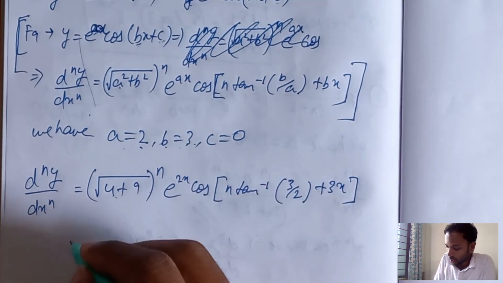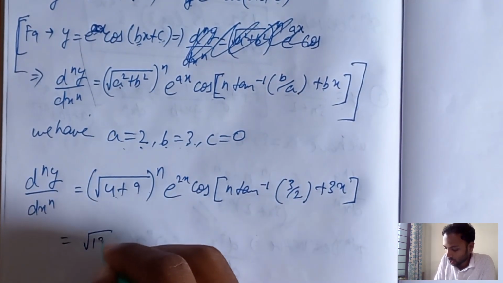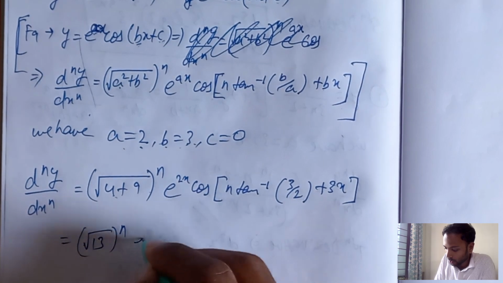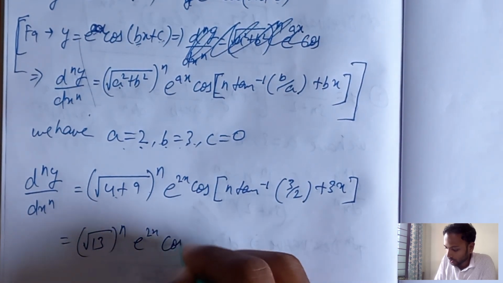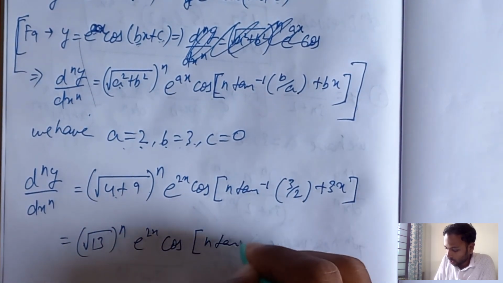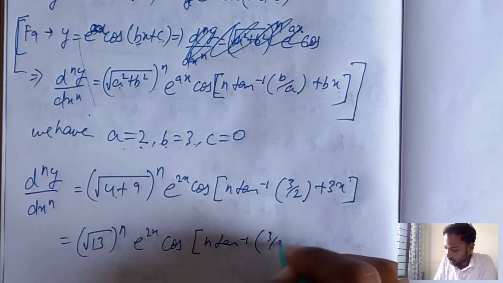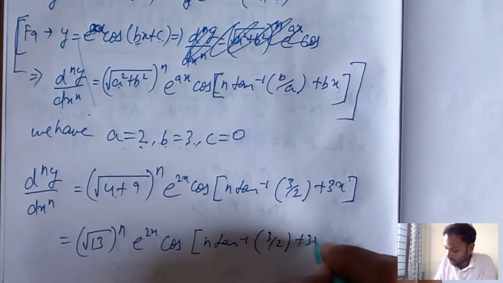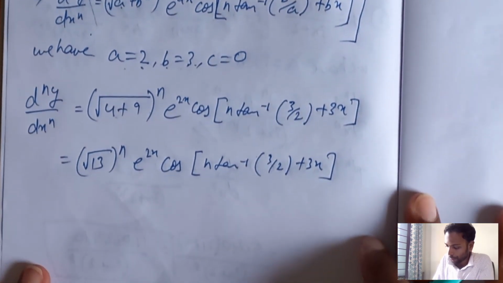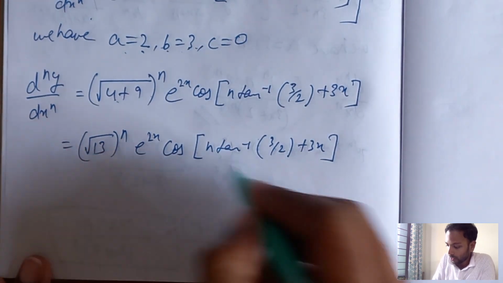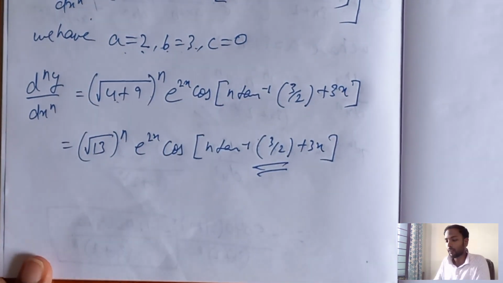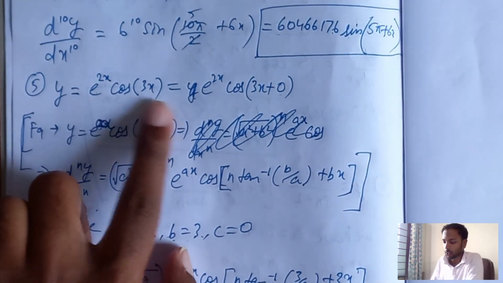If you just solve this, you'll get root 13 power n, and all the rest are the same, plus 3x. So this is the nth derivative of the given function.